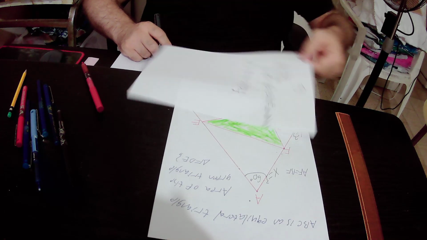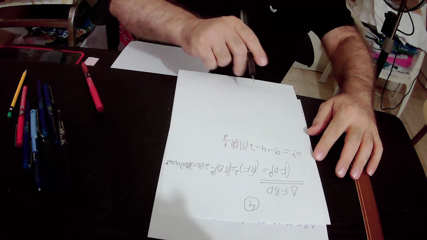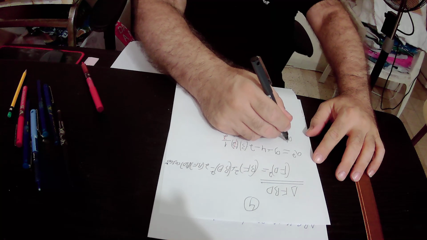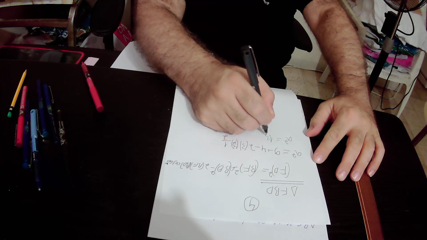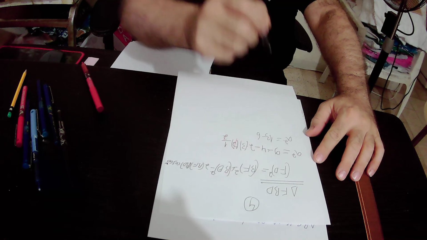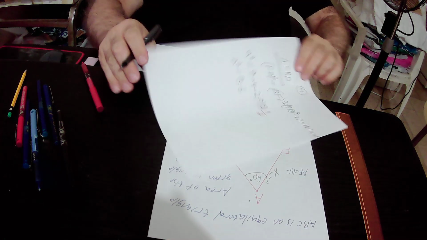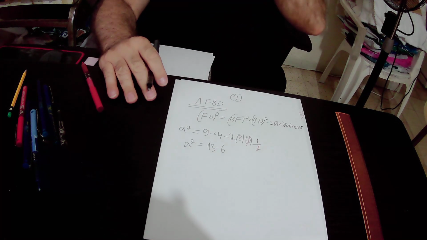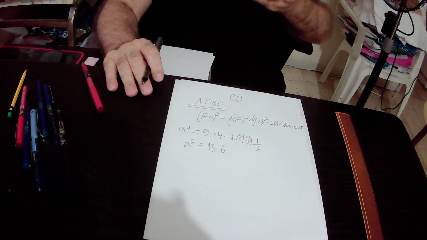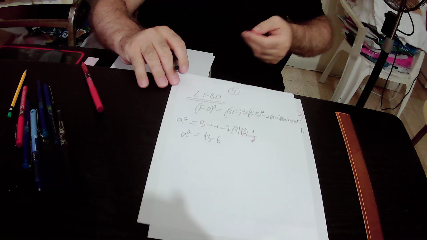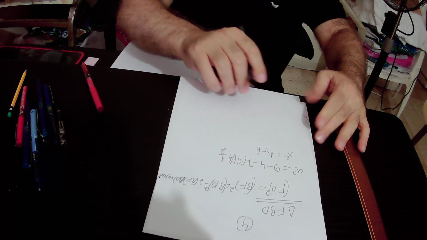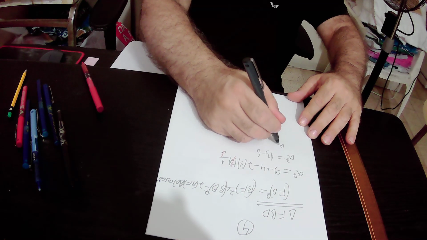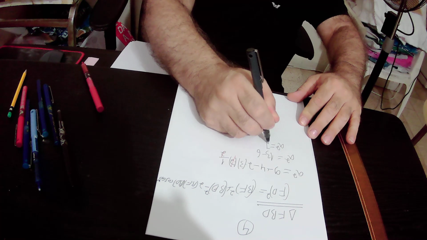So we got that A square equals 13 minus 6. Okay, A square equals 13 minus 6, and 13 minus 6 is 7, so A square equals 7.